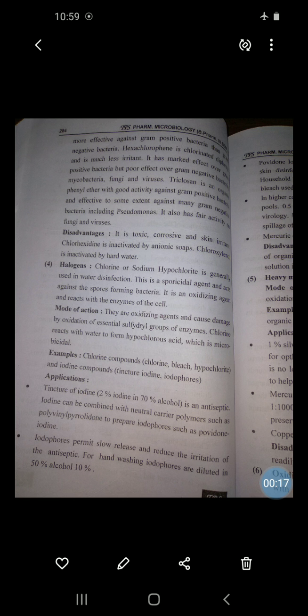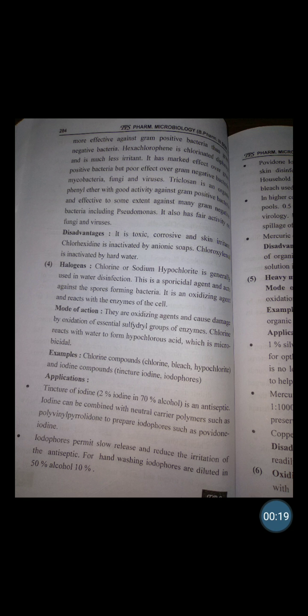Next, that is halogens. Chlorine or sodium hypochlorite is generally used in water disinfection. It is a sporicidal agent and acts against spore-forming bacteria.